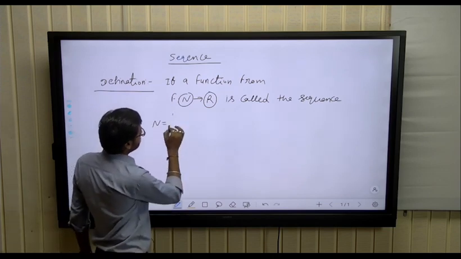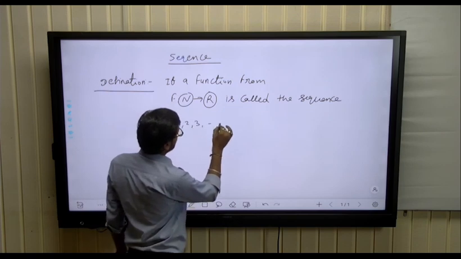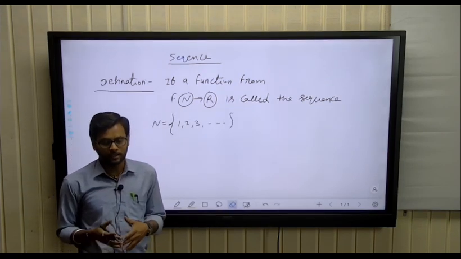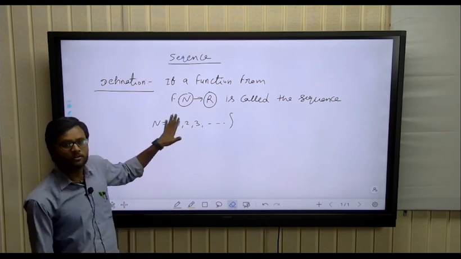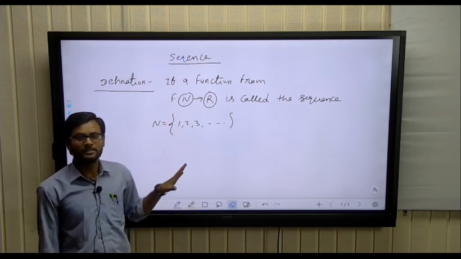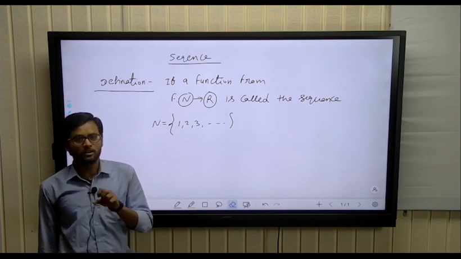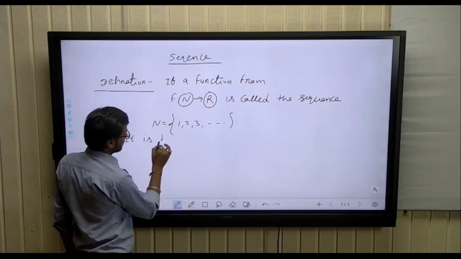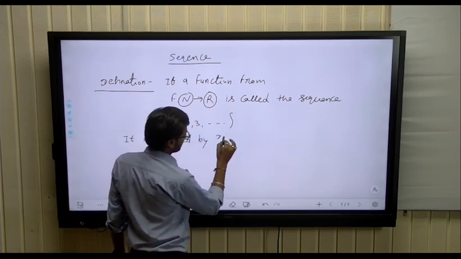What is a natural number? Natural numbers start from 1, 2, 3 and so on, and real numbers include positive numbers, negative numbers, and rational and irrational numbers also. But when we see the definition of the sequence, we notice that the domain of the function is N. It means that when you take the terms, you take natural numbers.